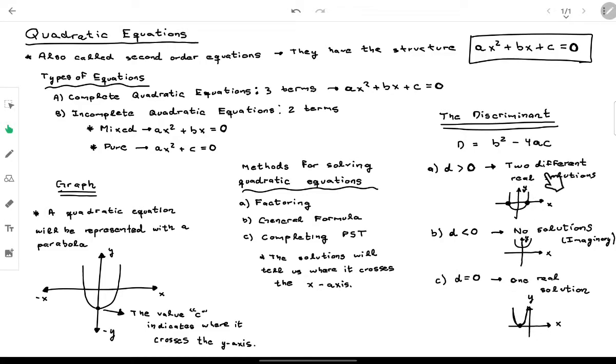Remember, if we have two different solutions, it will cross at 2 points. If we have no solutions, of course, it cannot cross the x-axis. If we have one real solution, it will cross only at a specific point of the x-axis. So let's see some exercises of how to use the discriminant to know the information of a quadratic equation.